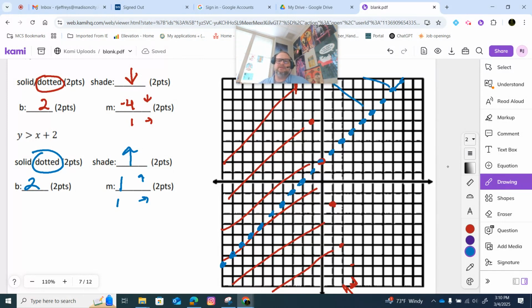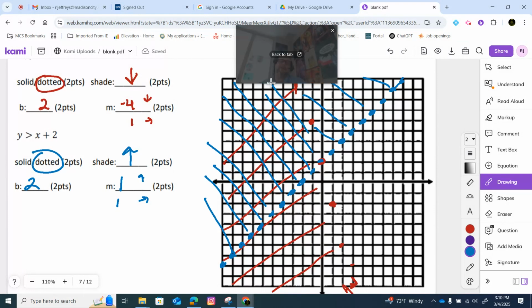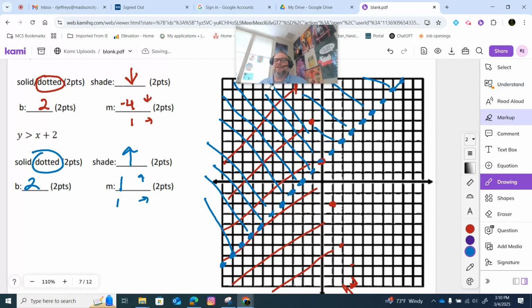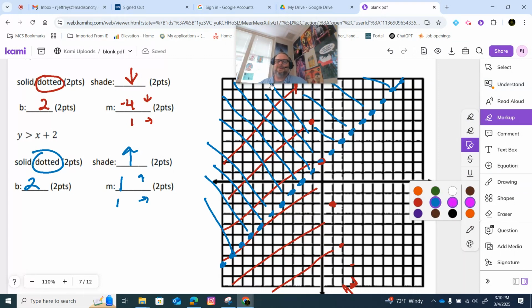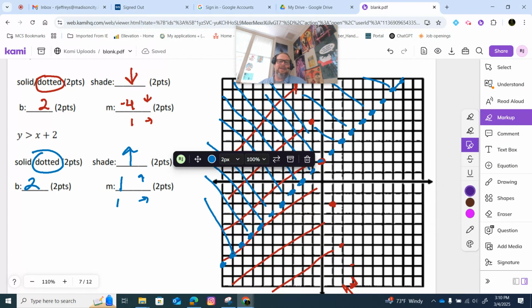Now, who remembers what our actual answer is? Keep going. Yeah, it's where the shading overlaps.